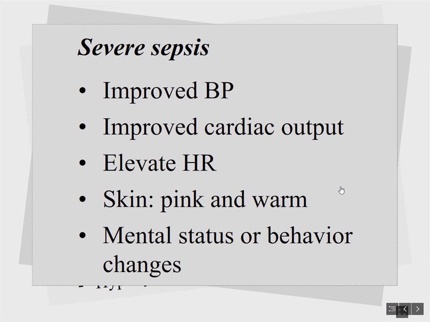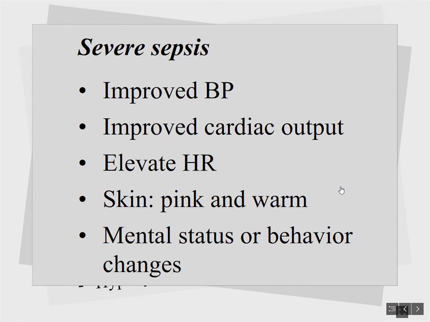But something else happens here. You have elevated heart rate, okay? So why does the heart rate go up? Oxygenation. It does help oxygenation, but the heart rate going up is another compensatory mechanism, right? Anytime your blood pressure goes down, your heart beats faster, okay? Remember, your heart is the pump of the body, and whenever the pressure goes down in the system, the heart is gonna start pumping harder and faster to try to improve that pressure, okay?